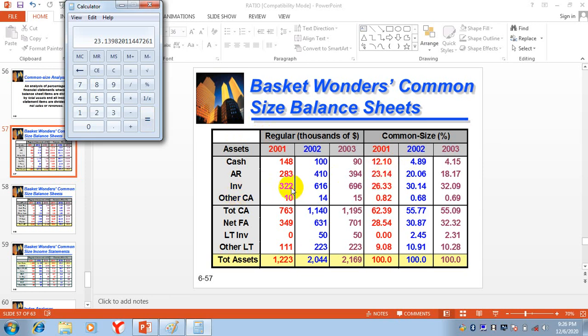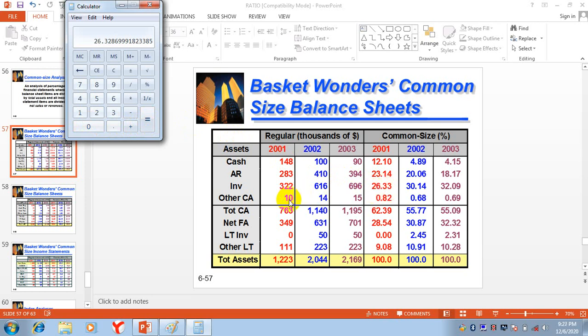Similarly, inventory, 322 divided by 1223 multiplied by 100. So we got 26.32. When we round it, we got 26.33.